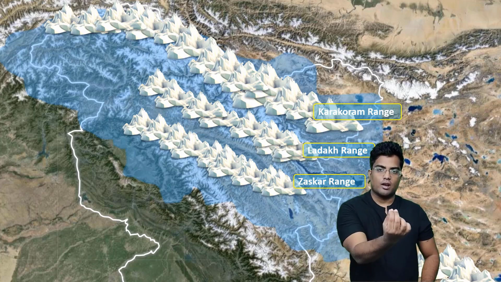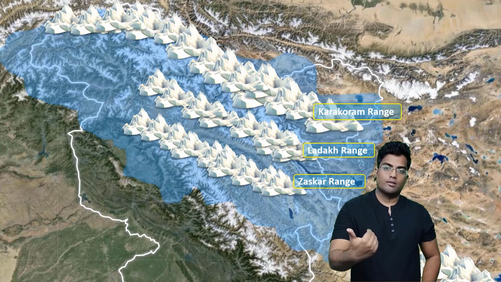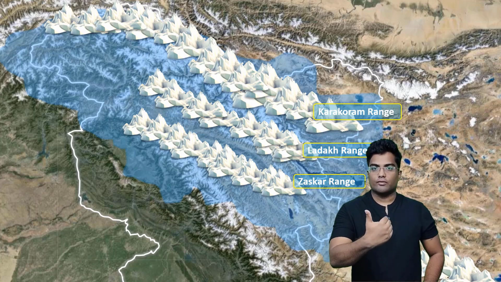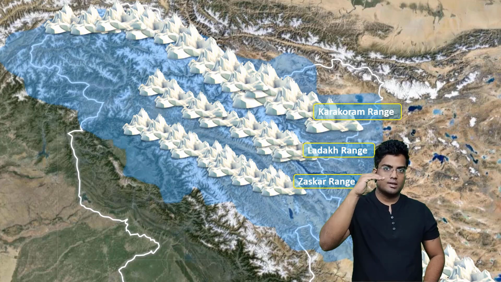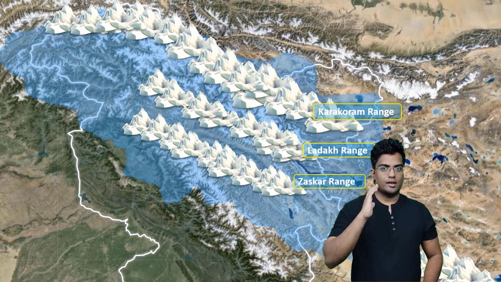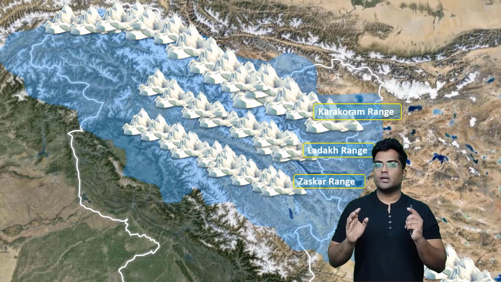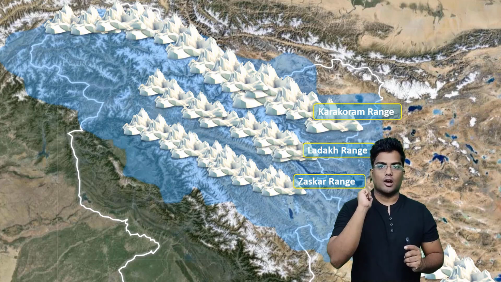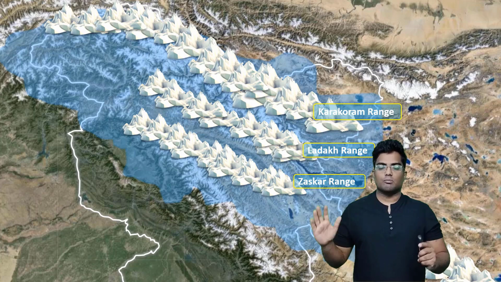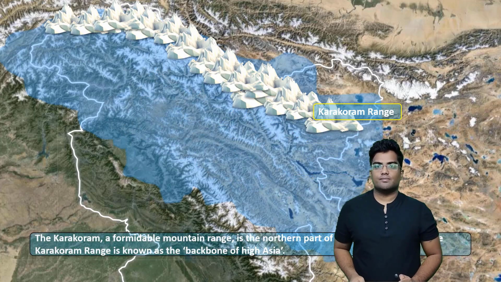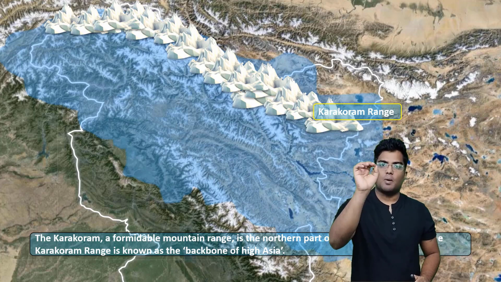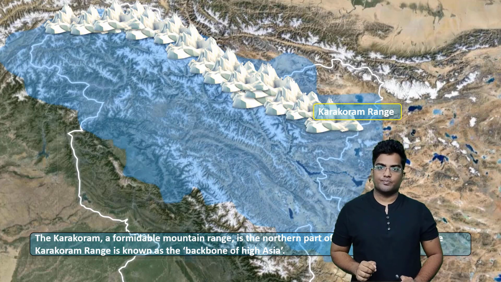Then in the mid you have the Ladakh range, then the Zaskar range, and then the Kailash range. All 4. That's how the division of Trans-Himalayas is done. Now we are only interested in this part, the Karakoram range. So let's remove all of them. So this is the Karakoram range, the northernmost part of the Trans-Himalayas.